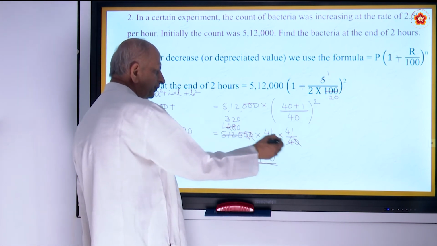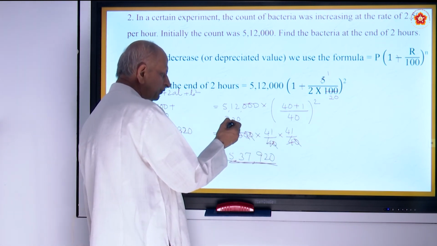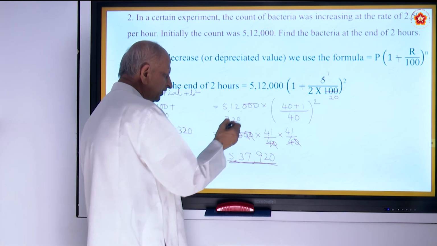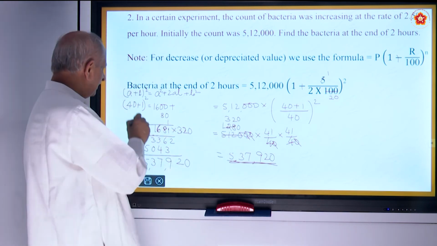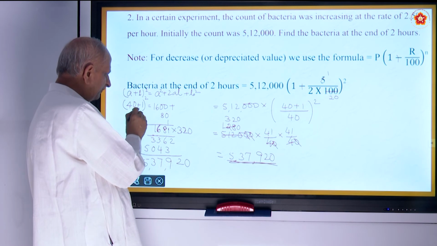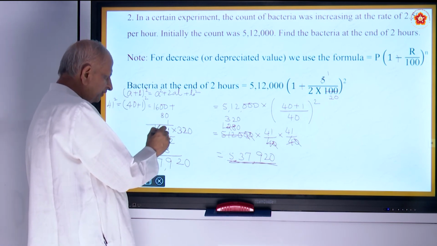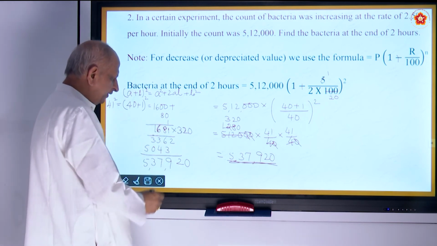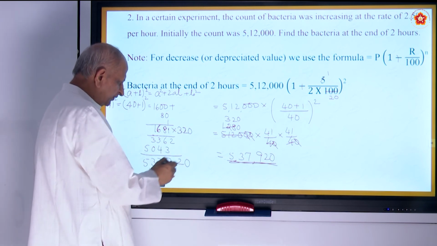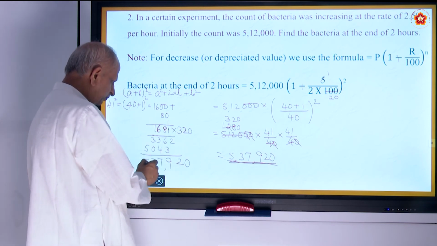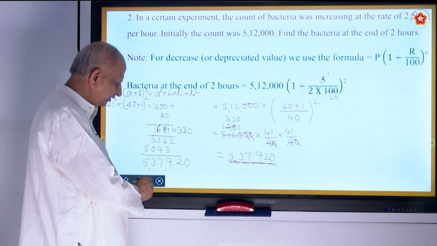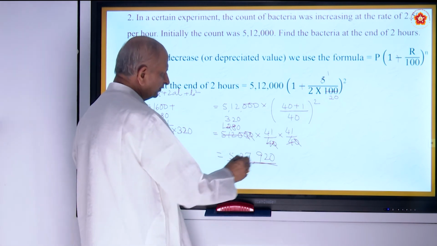Then 4 ones are 4, 4 3s are 12, 4 2s are 8, so 320. And 41 into 41, that is 41 square. This is 41 square is equal to 1681 into 320. So 0 as it is, you write, multiply these two, you get 5,37,920. So that is the answer.